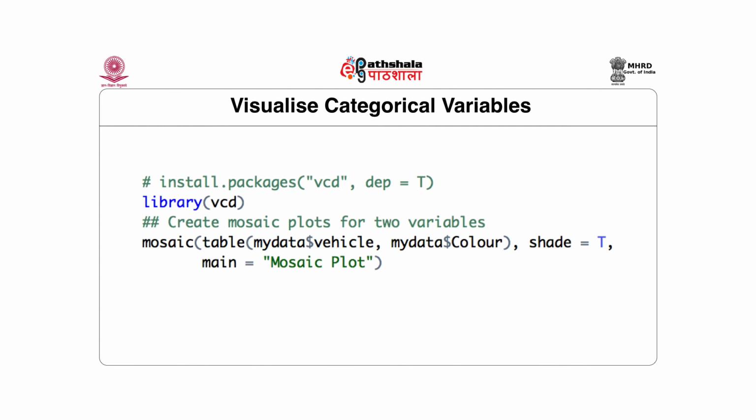The new thing here is that you can use a package called vcd. If you have not installed it, you install it. You call that package by library, within parentheses, vcd, and then you create a mosaic where you take two variables together, and then within the category of the second variable, you will be able to see the proportions of the first variable, and then you can shade them in different ways, and you can create what is known as a mosaic plot.